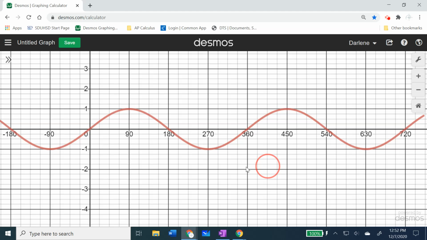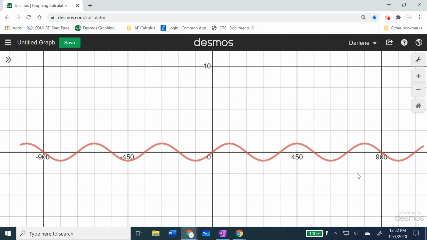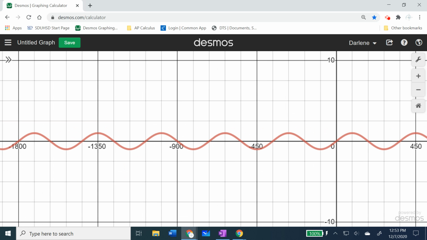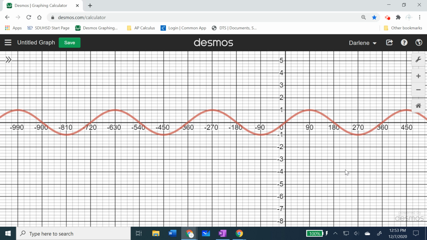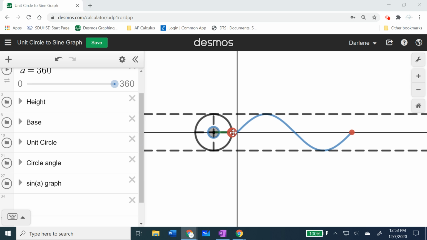So if that wheel were to turn over and over and over again and keep going round and round, we would just create a giant sine wave that goes forever in both directions. So do realize if we choose to go the negative direction, which I can't show on here because this is specifically designated to just go from 0 to 360.